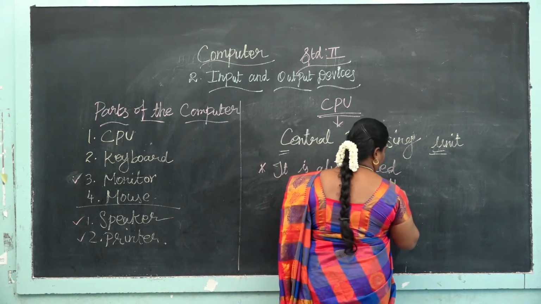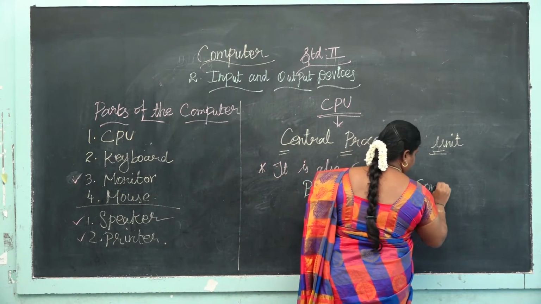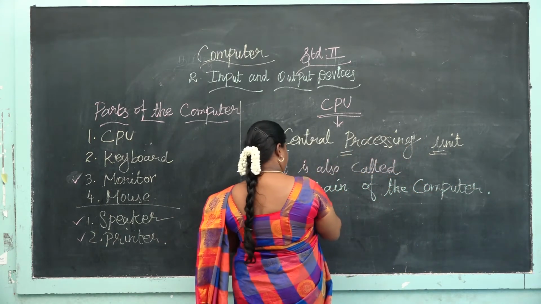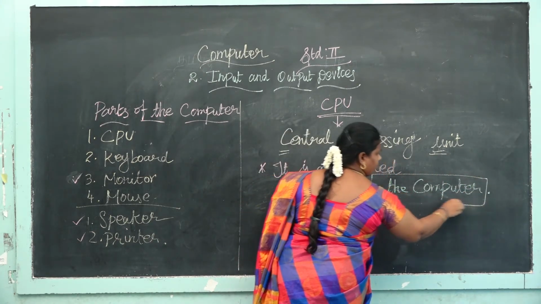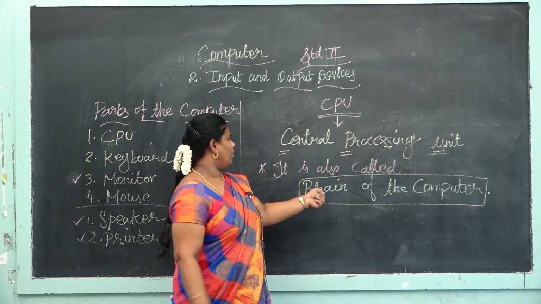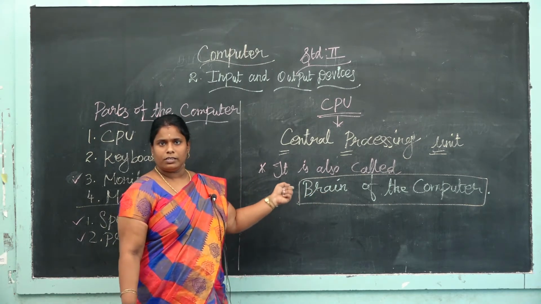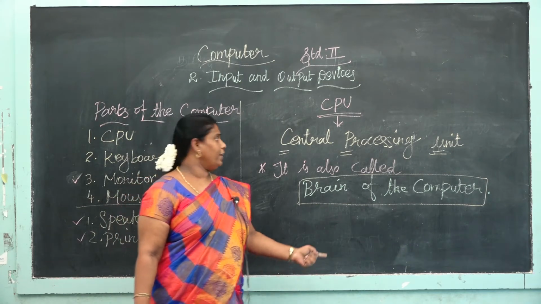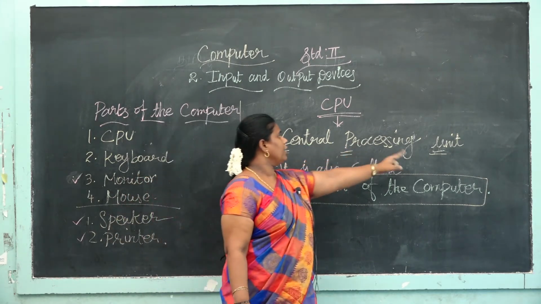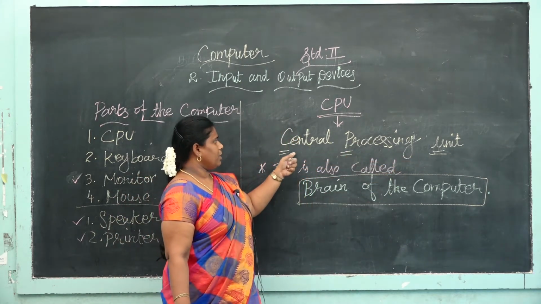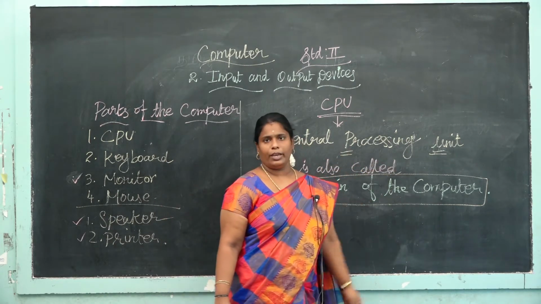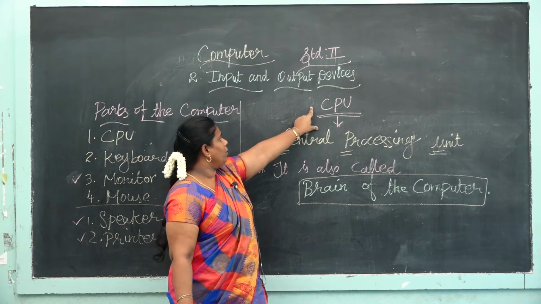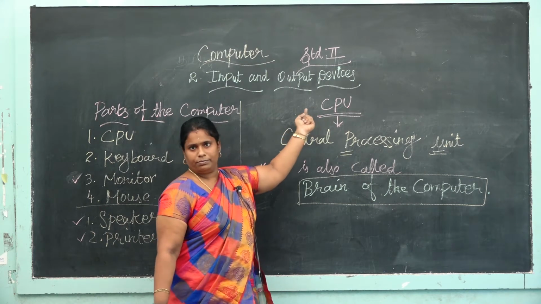What is the expansion of CPU? Central processing unit. That is called CPU. It is the most important part of the computer.